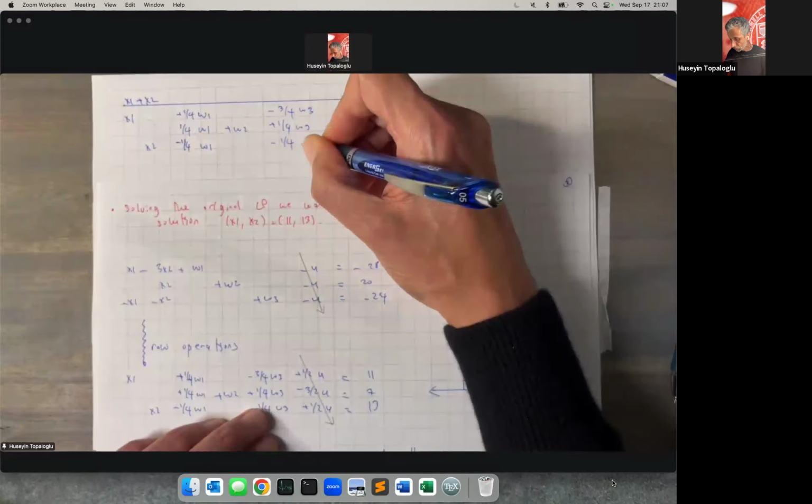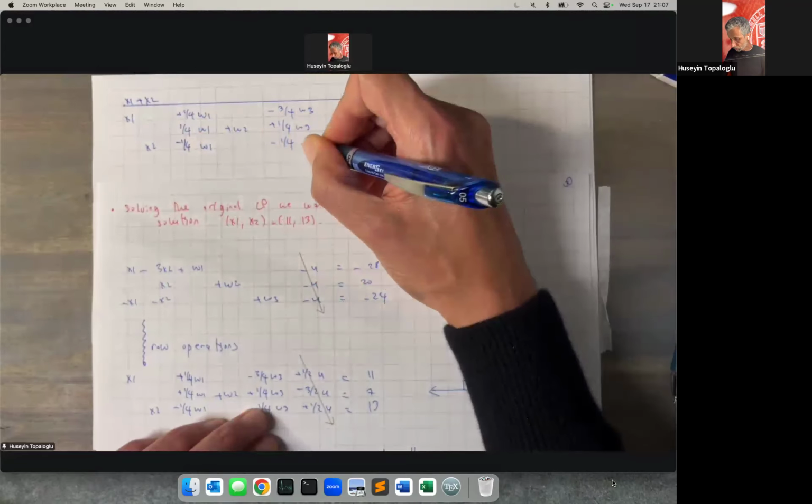Let's write down what we said. We want to identify x1, w2, and x2 as basic variables. However, we cannot do that yet because x1 and x2 appear also in the objective function row.